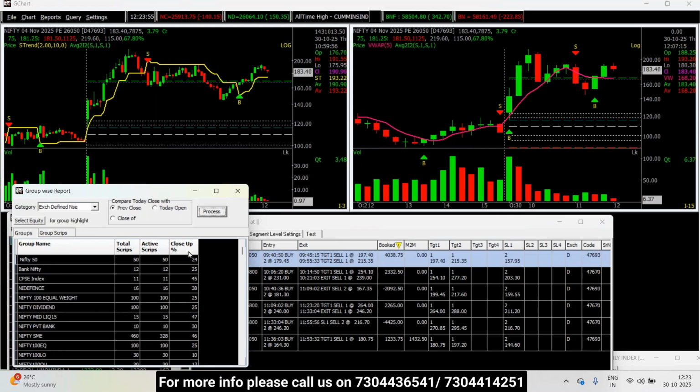All indices have been divided. You can see the close-up percentage here. This close-up percentage will tell you how much the indices are supporting the Nifty.